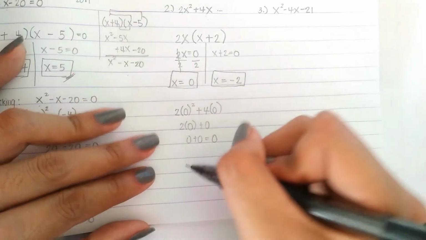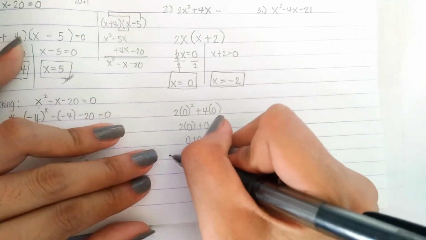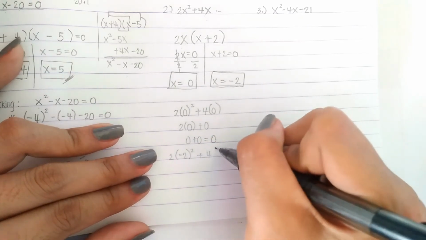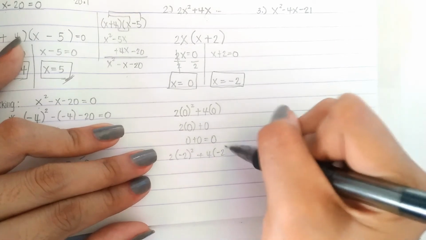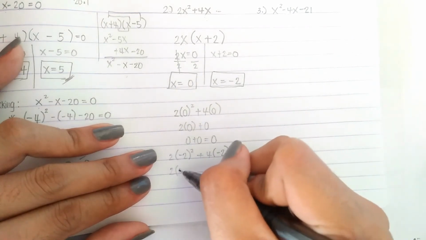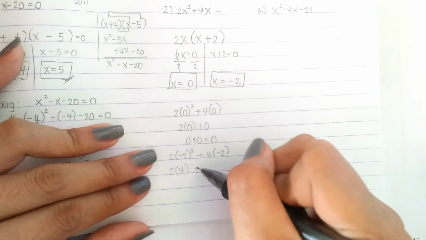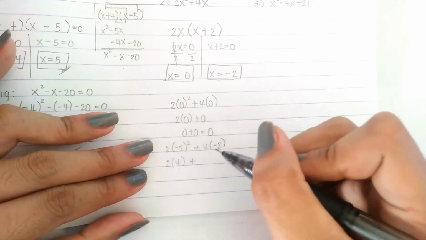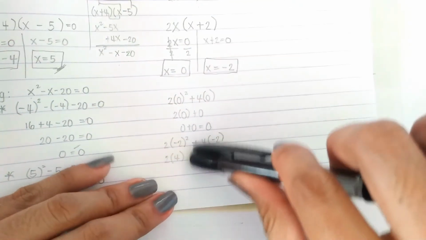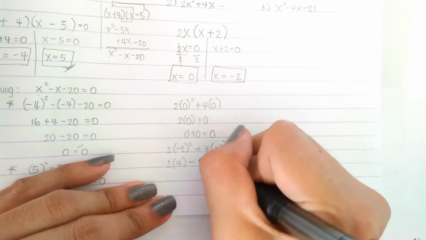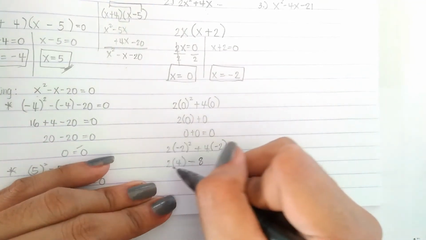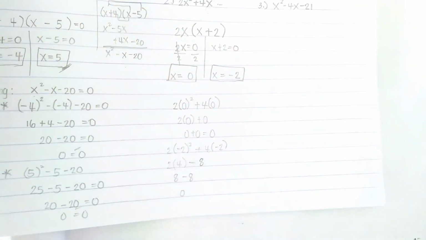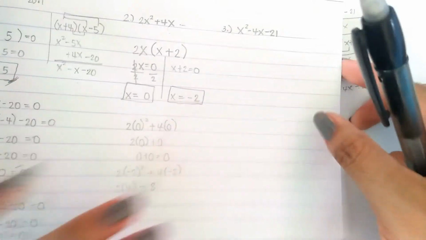What about the second one? 2 times negative 2 squared plus 4 times negative 2. So this will be 2 times 4, 2 times 2, it's 4. Plus 4 times negative 2, that's negative 8. So this will be 8 minus 8. The answer is 0. You got it now? Okay, proceed.